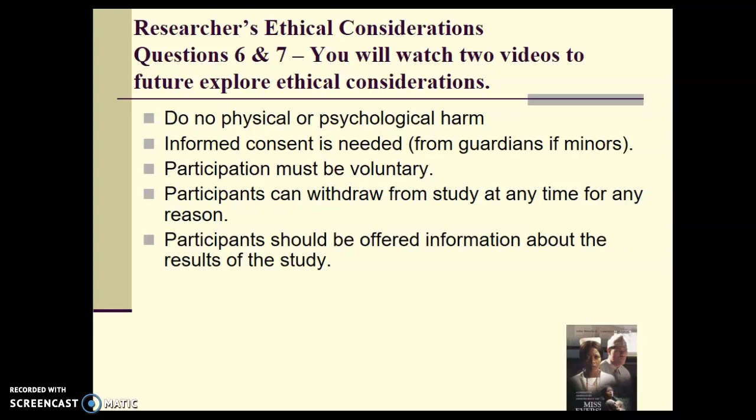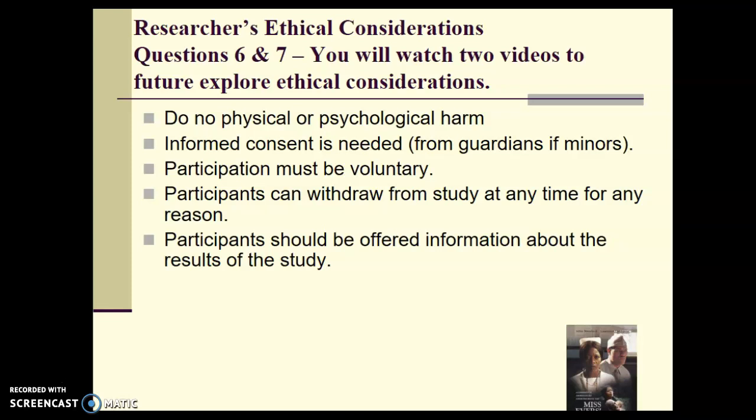So always with children, you have to have a parent or guardian signature of consent. But again, this is a kind of tricky question. The child is not giving consent. And so what does that look like when they are being tested or used for a psychological theory?